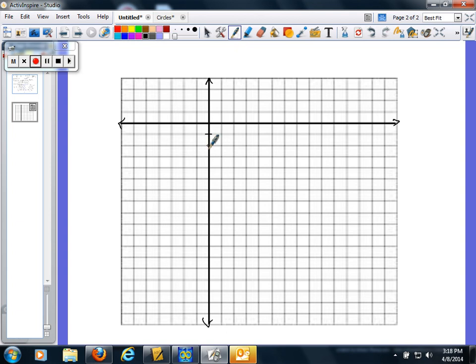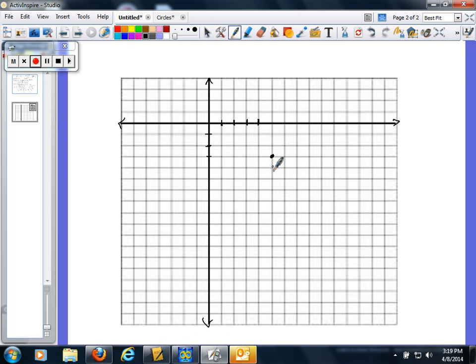Okay, so this is going to be 3, 6, 9. We're going to just do 1s for the x's, but we're going to do 3s on the y's. 1, 2, 3, 4, 5, 1, 2, 3, 3, 9. Okay? So now I need to go up 13 from here.